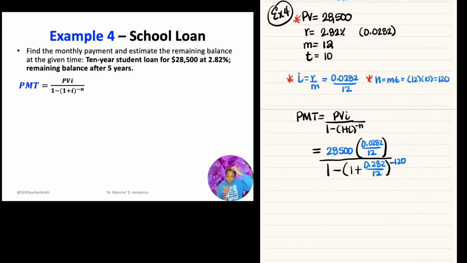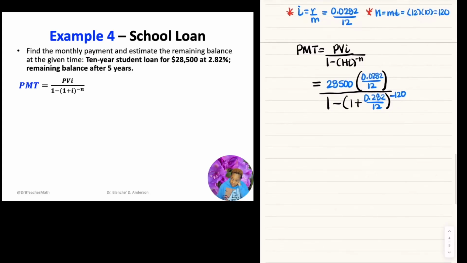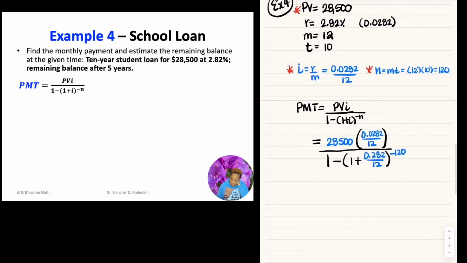So far, so good. Okay, so we have all of our pieces in there.